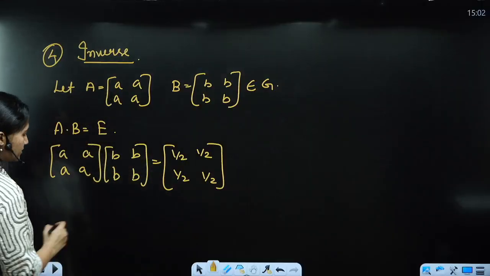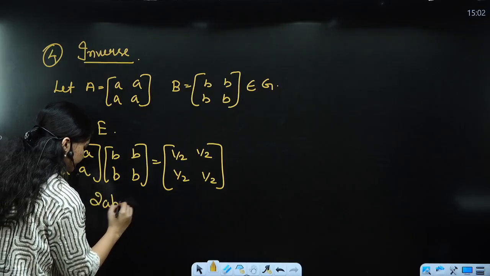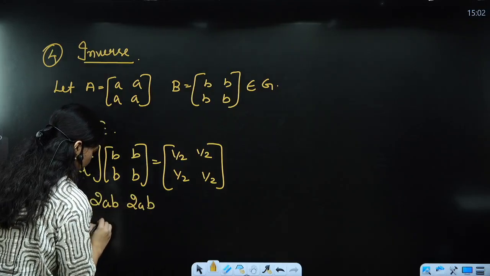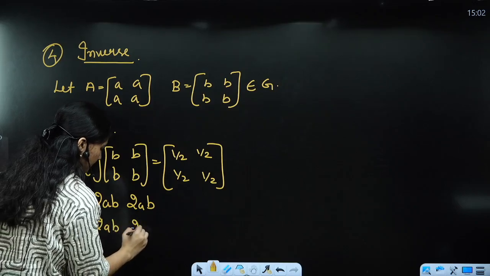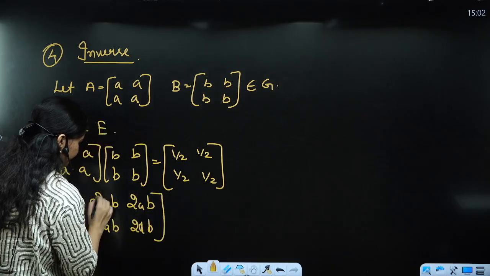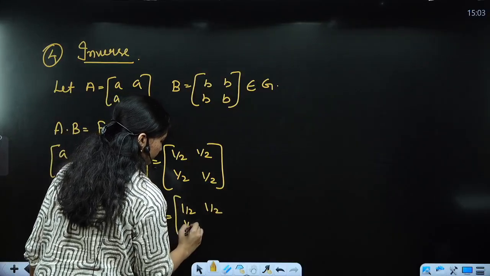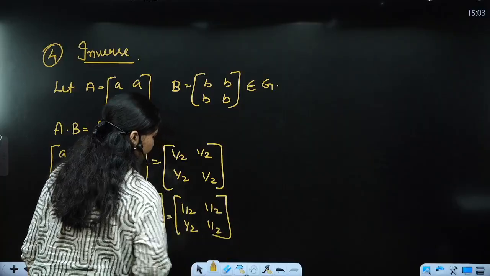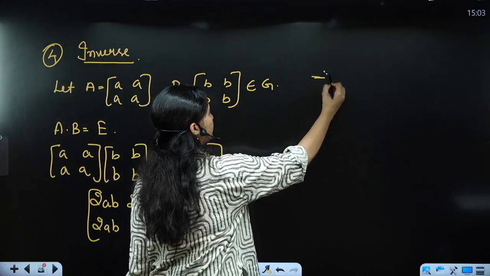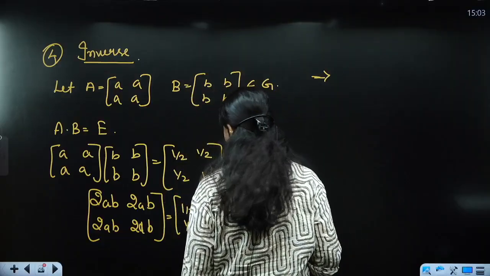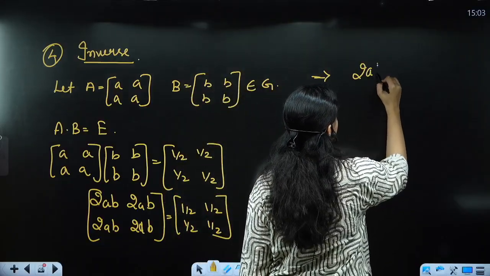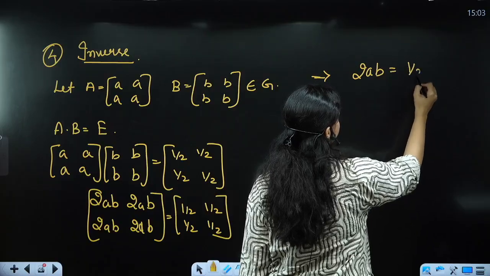All right, so this is 2AB, 2AB and 2AB. So this implies that 2AB equals to half, right?